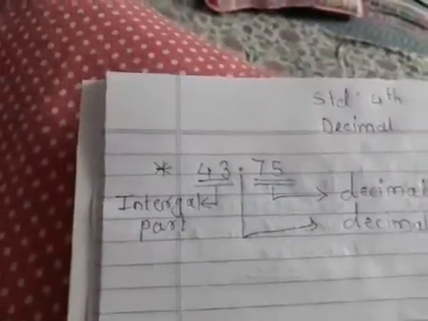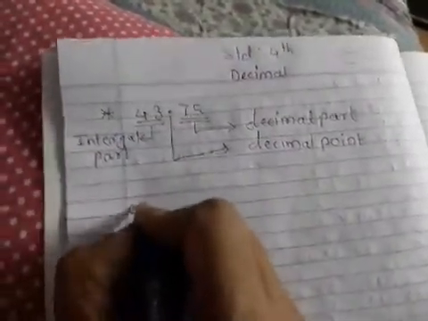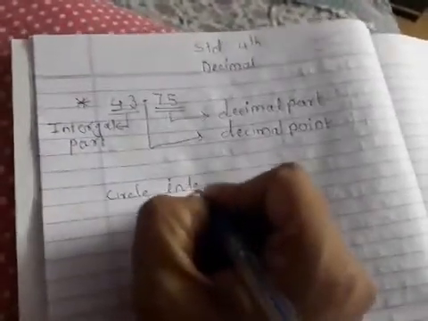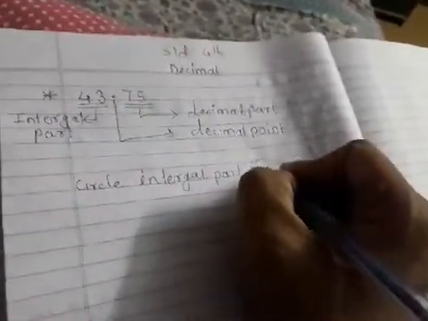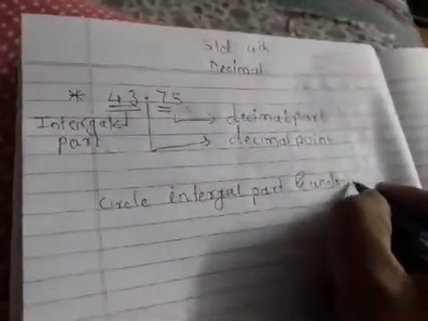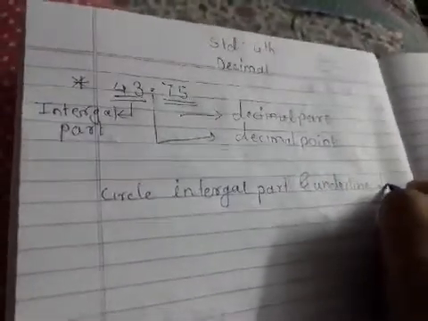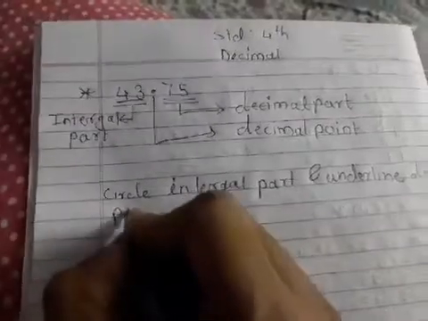Okay, now see here, two questions I show you. First one, circle the integral part and underline the decimal part.